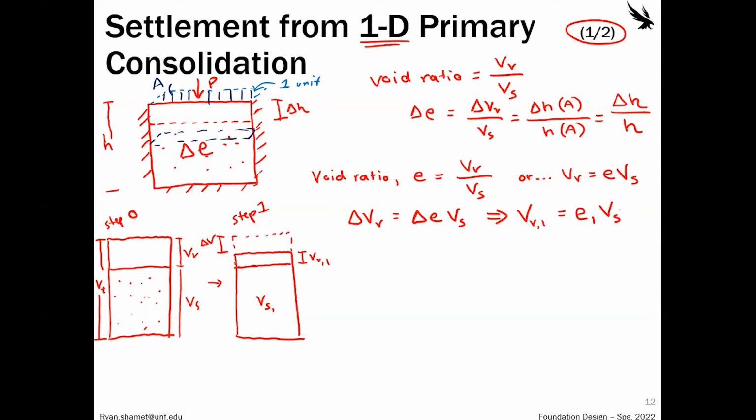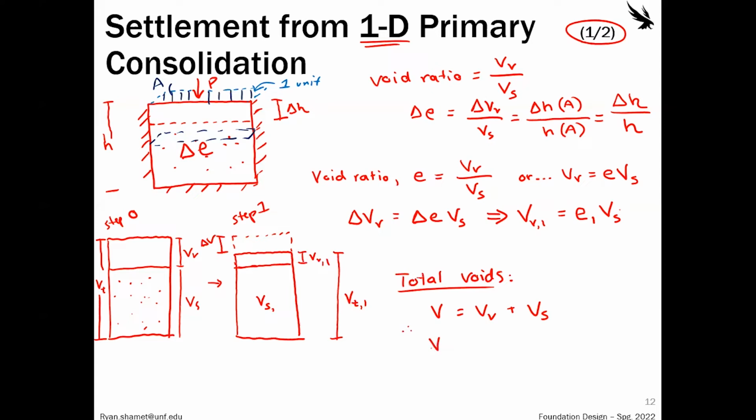So whenever we change the voids, we're also changing the new total volume, right? So now we also have this total volume in step 1. So we go from step 0 to step 1. That's why the subscript 1 is there. So our total volume is equal to the volume of voids plus the volume of solid.